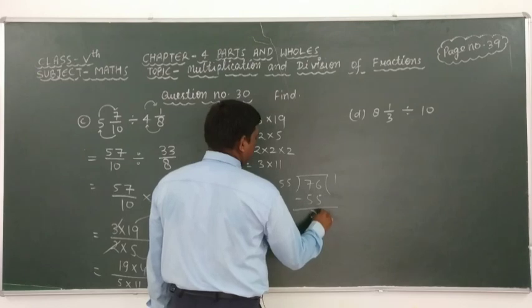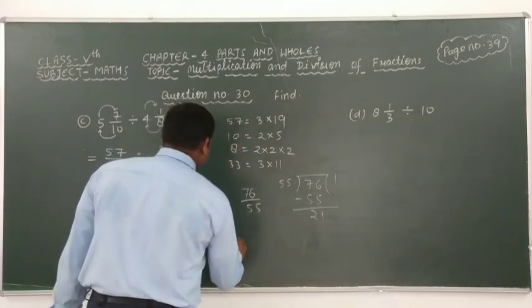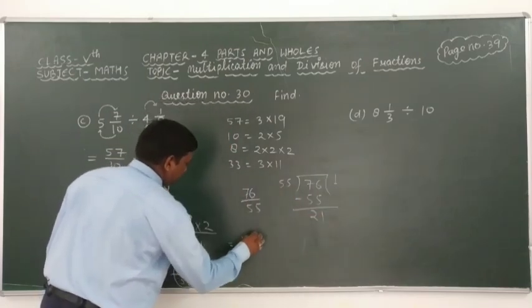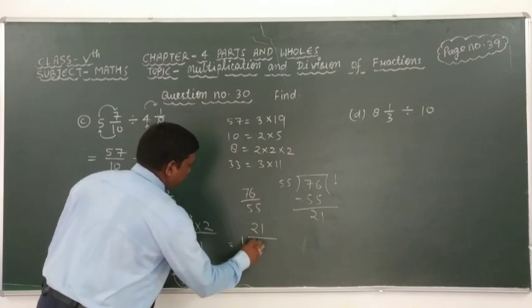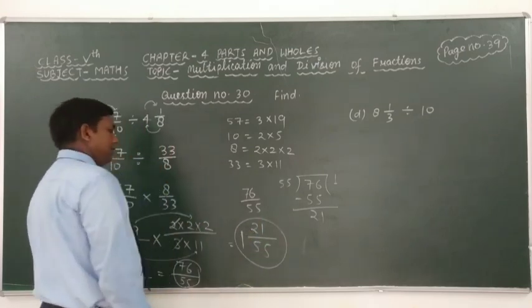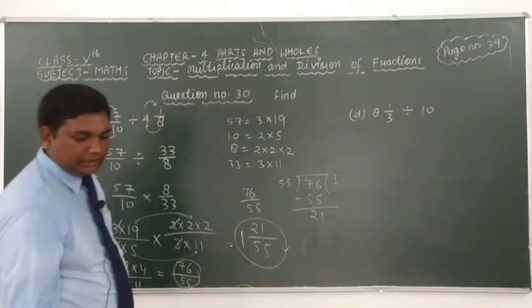After subtracting these, here we get 21. Okay, then the answer is 1 whole 21 over 55. Okay, this is the answer of question number 30 of C.